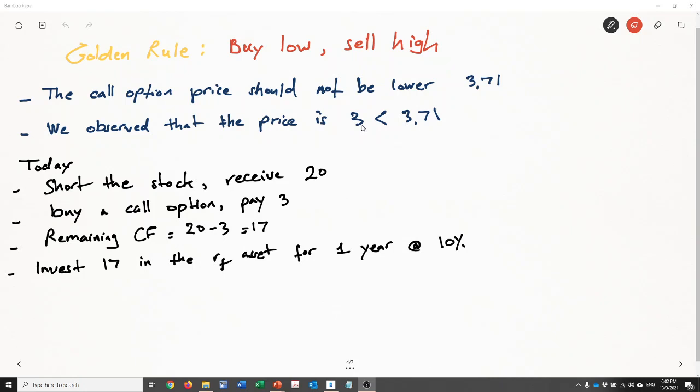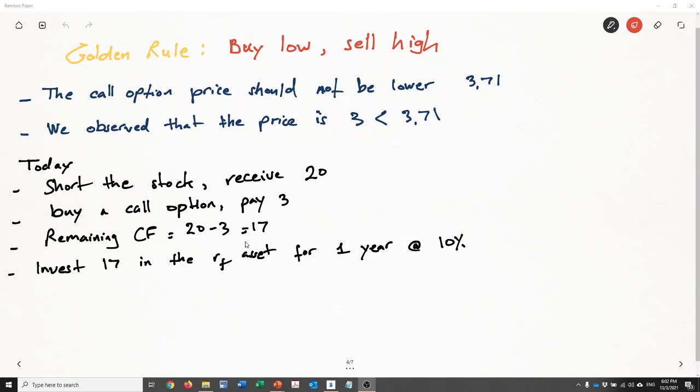So to lock in the arbitrage, I will short the underlying stock and I will receive 20. I will use part of the 20 to take a long position in the call option, which means I will pay $3. And the remaining cash flow will be 17, which I will invest in the risk-free asset for 1 year at 10%.